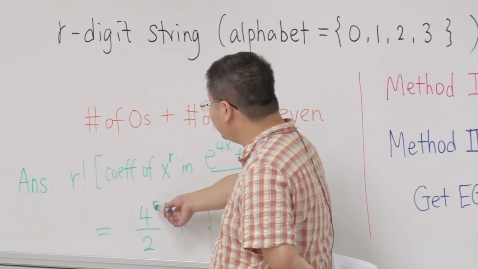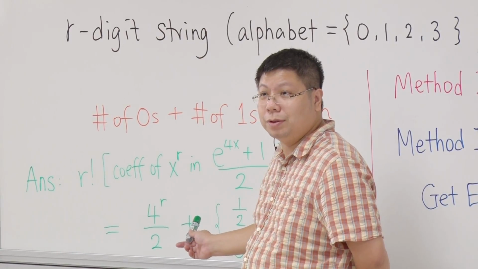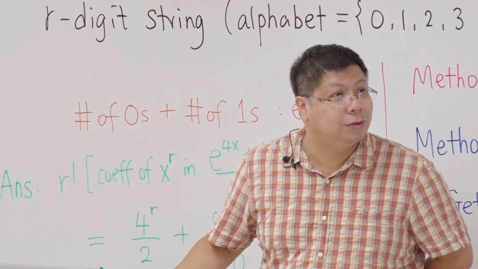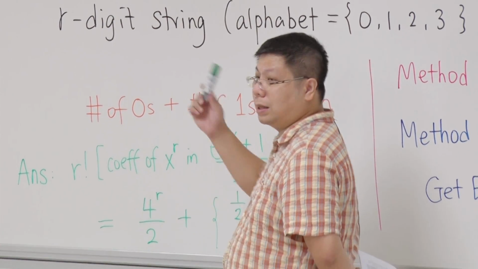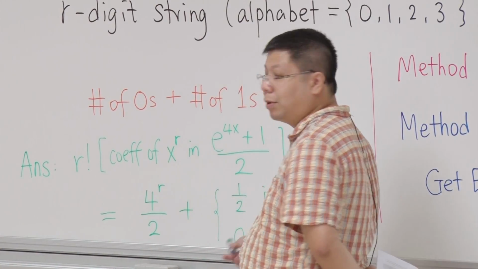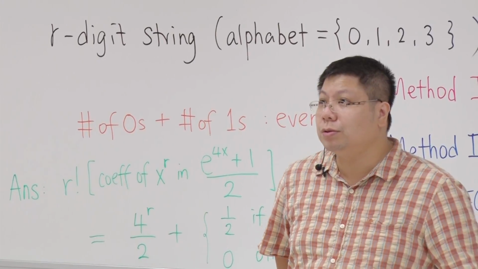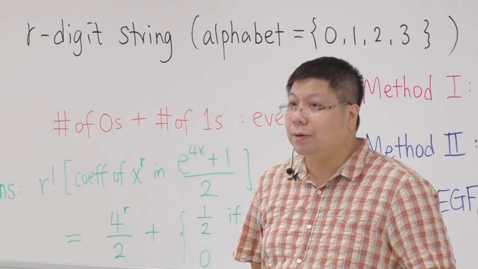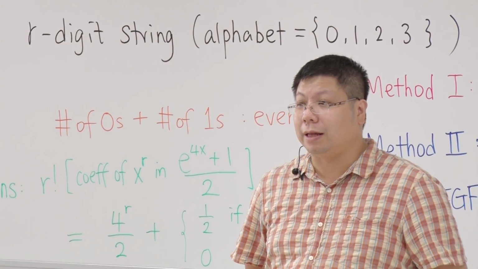So when r is equal to 0, we get 1/2 plus 1/2. So it is equal to 1, correct, right? How about r is equal to 1? Then we get 4 divided by 2 plus 0. So we get 2 strings. So we are saying that there are exactly 2 strings of length 1 with even number of 0 and 1 together. Yeah, what are they?